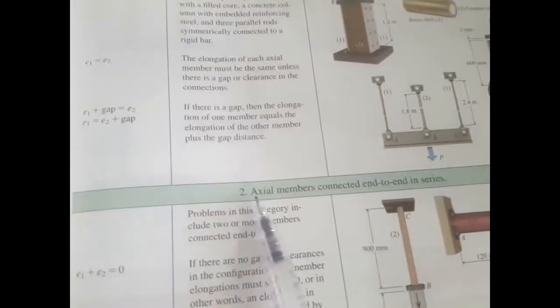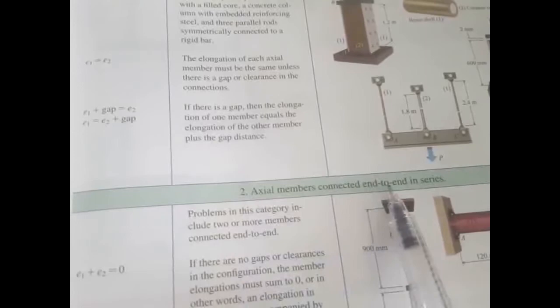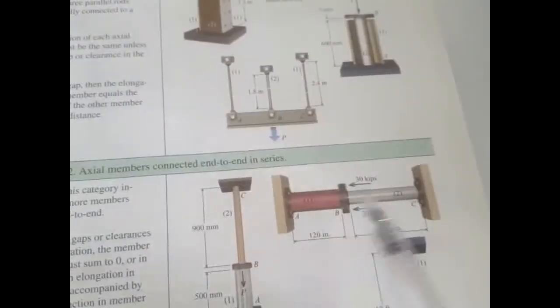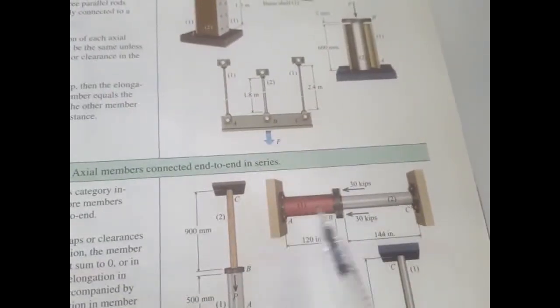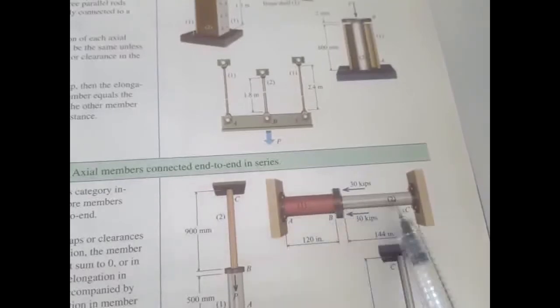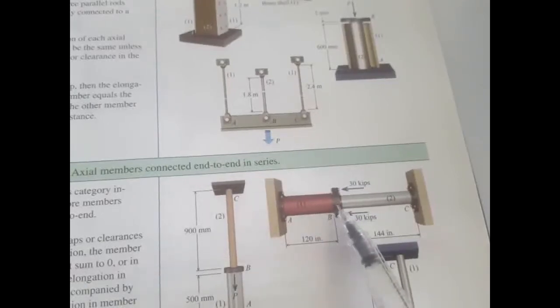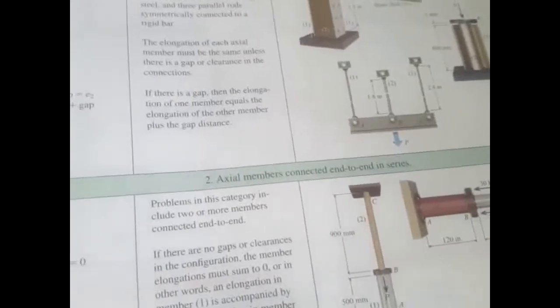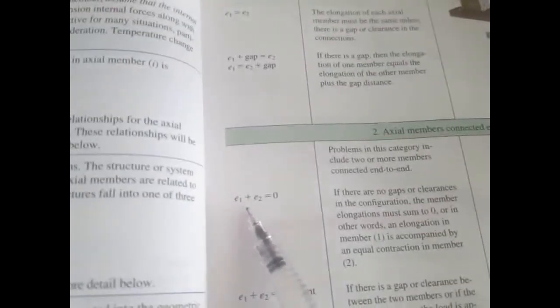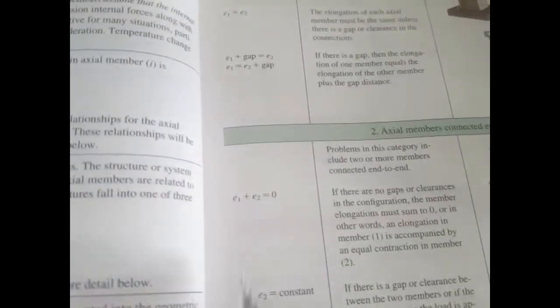Okay, so another class is axial members connected end to end in series. For example, we have this member 1, and then we have this member 2, and if you apply an axial load right here, then the total deflection is simply the sum of the deflections of each member.